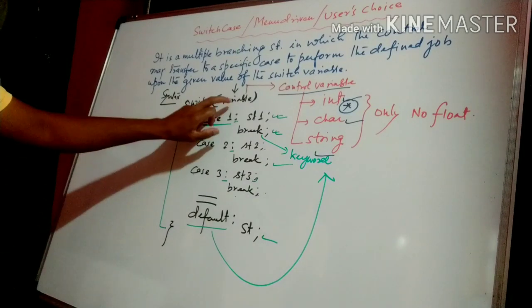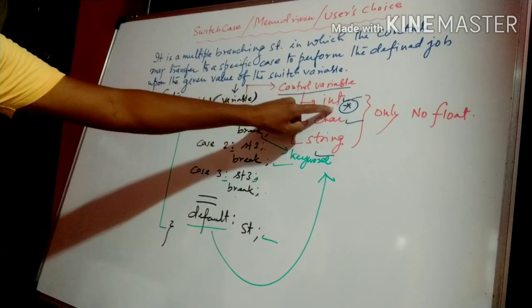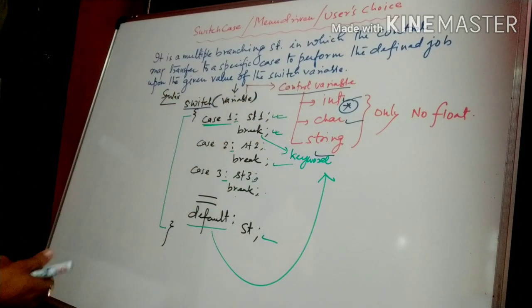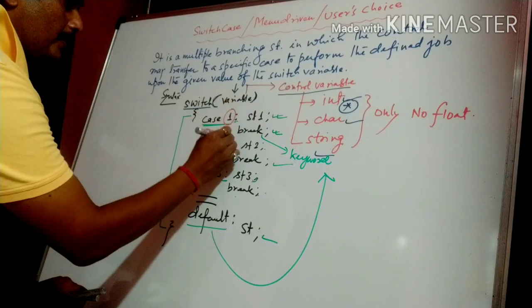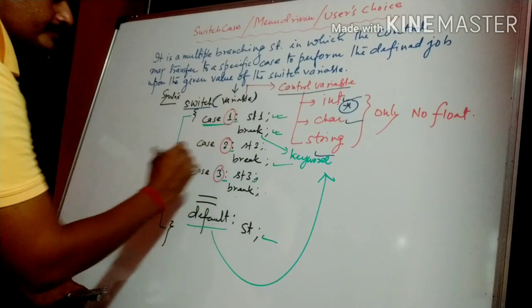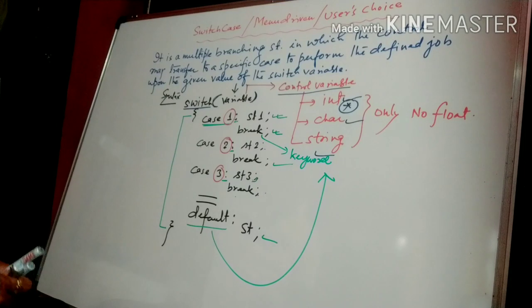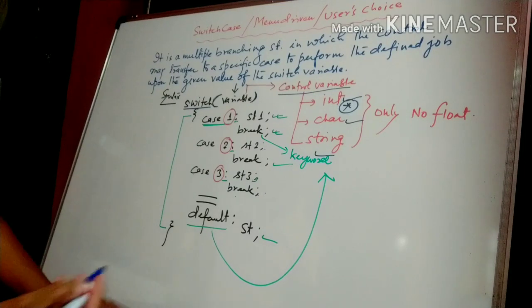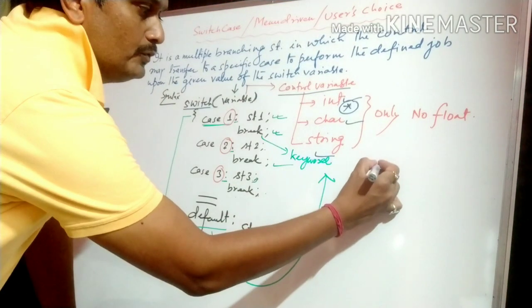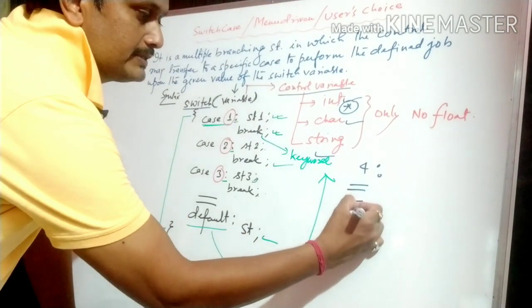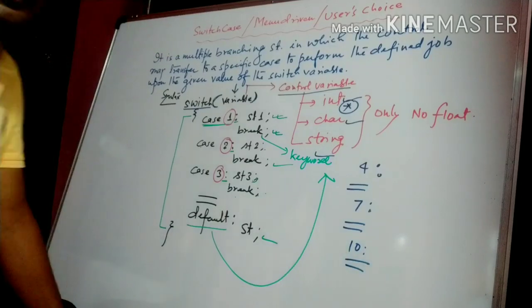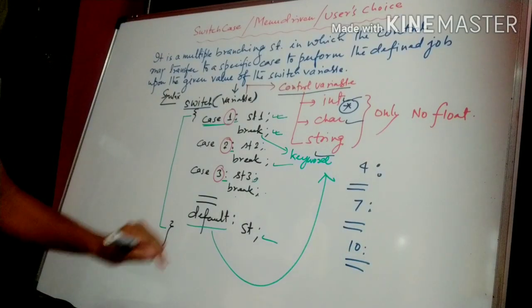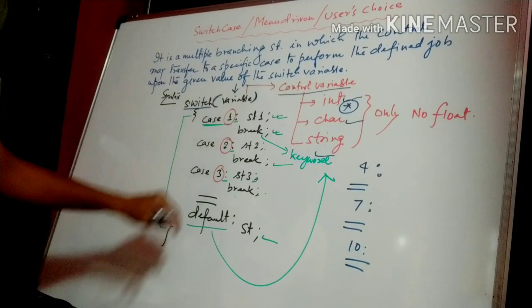If your control variable is integer type, then case 1 and these things will be integer. You can start with 1, you can write 4 colon, 7 colon, 10 colon, anything. But normally we will start with 1, 2, 3, 4.